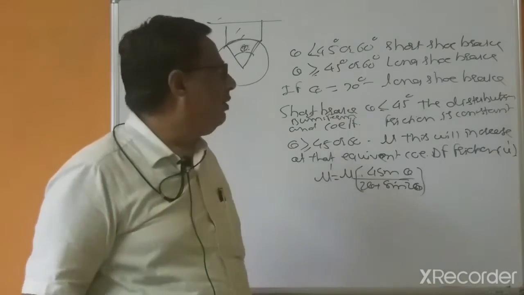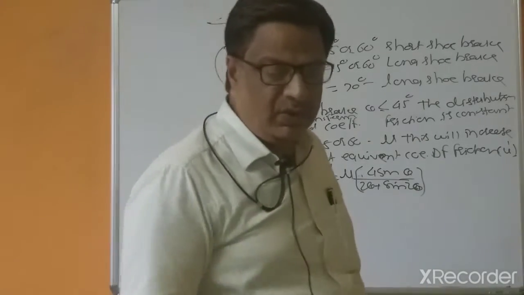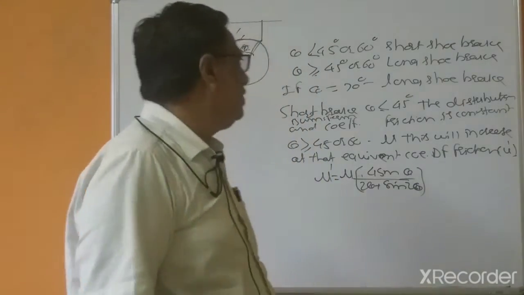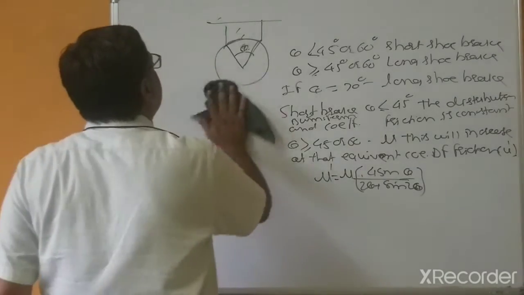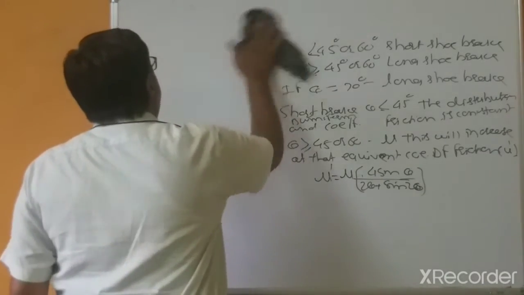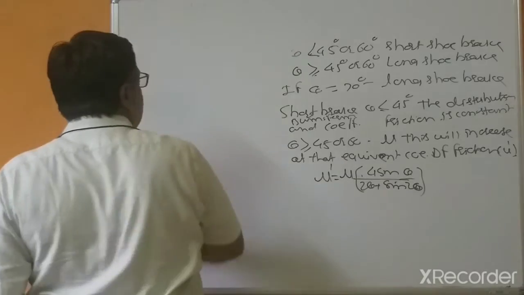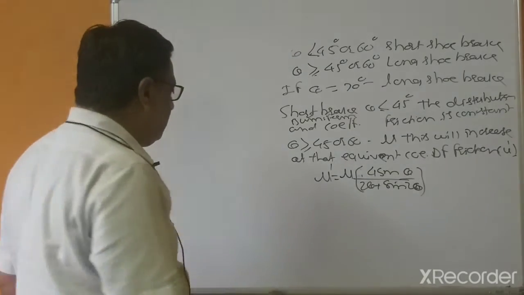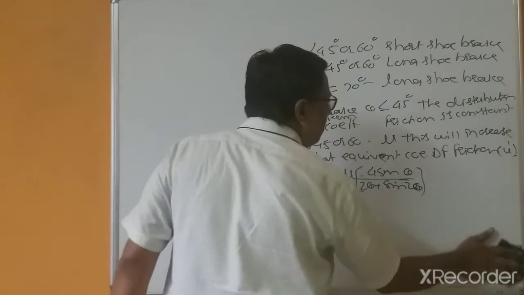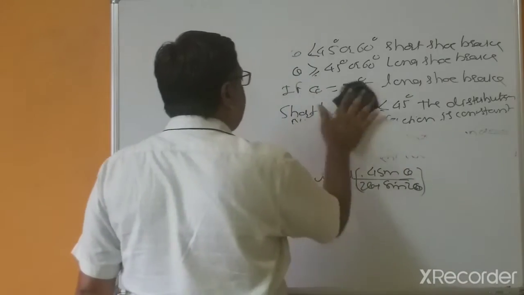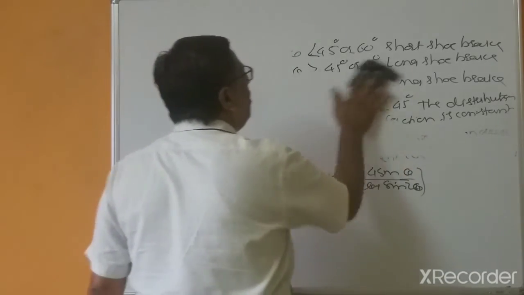Otherwise your problem may be wrong, or at least 50% of the marks may be deducted during the examination. As a design engineer, you should know the equivalent coefficient of friction and how to differentiate a short shoe brake from a long shoe brake.